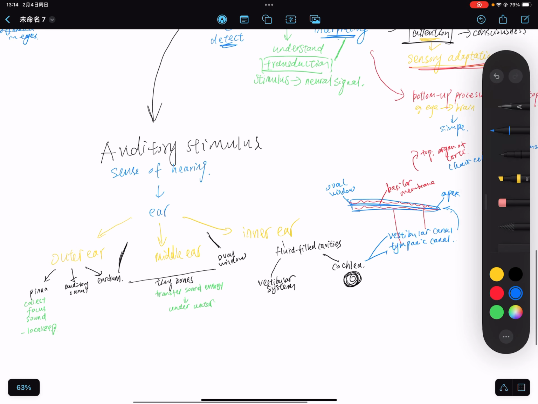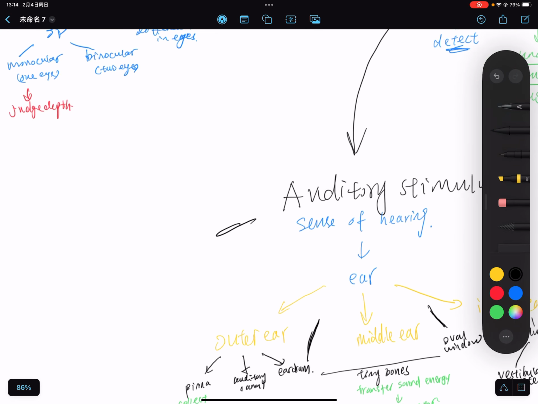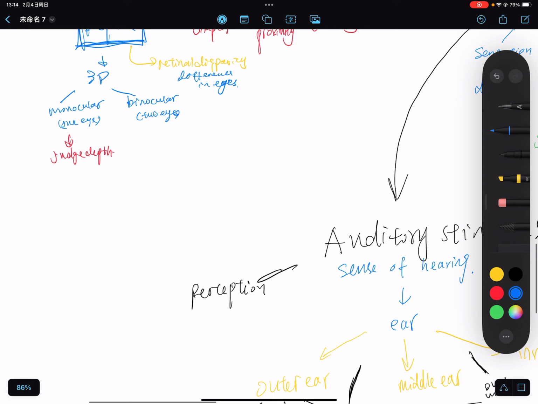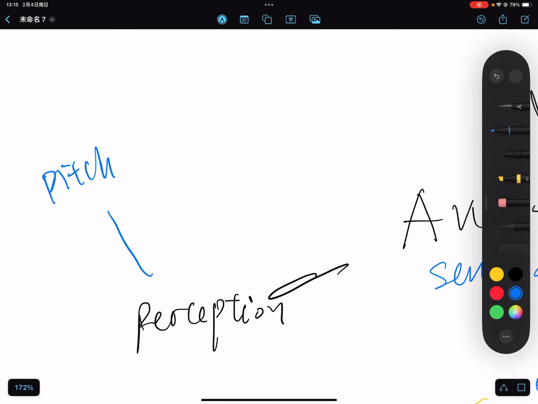Okay, so let's talk about auditory perception. First, we can perceive pitch. It begins with the basilar membrane. The basilar membrane is really wide and flexible.